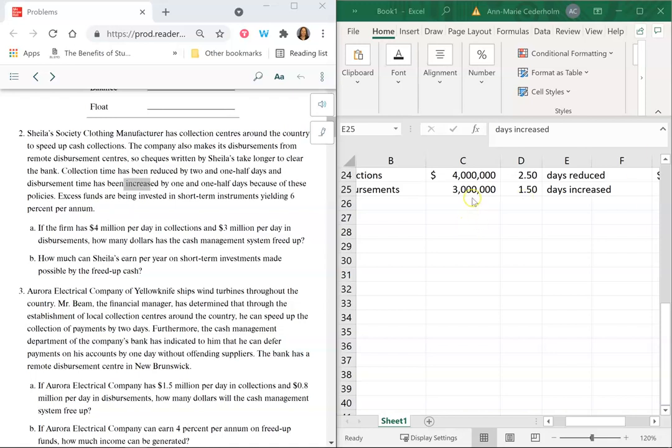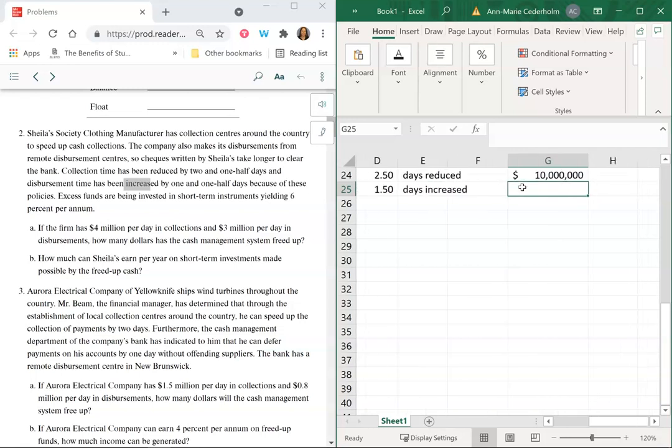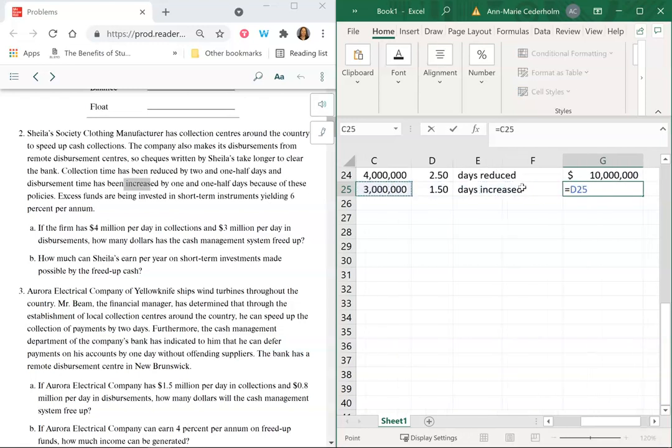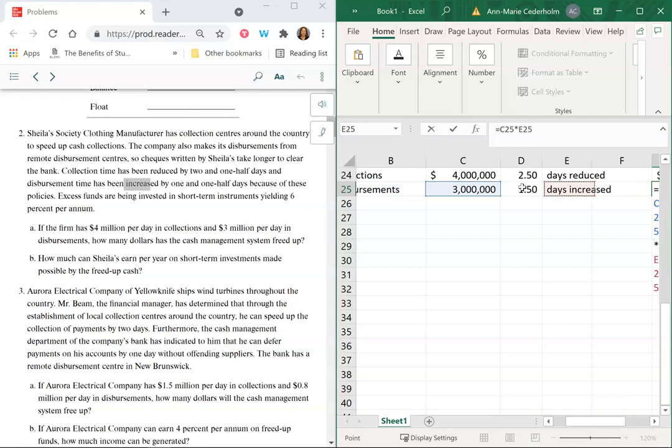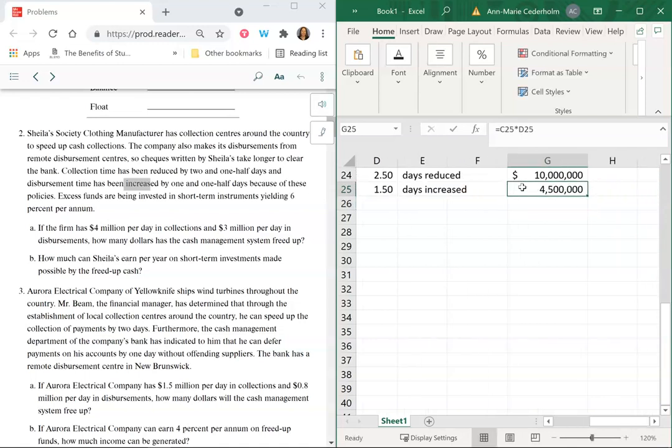Okay, so if I take 3 million times 1.5, that means I'm going to have extra cash of 4.5 million. So all we have to do now is add these two together, the 10 million and the 4.5 million.